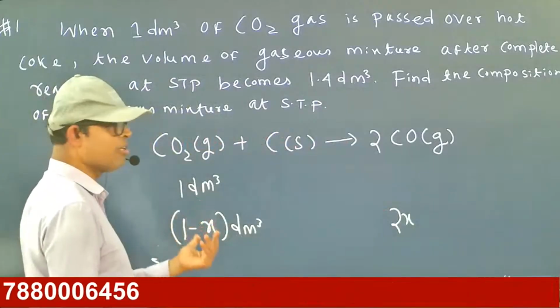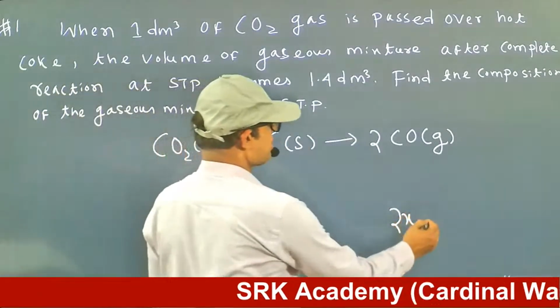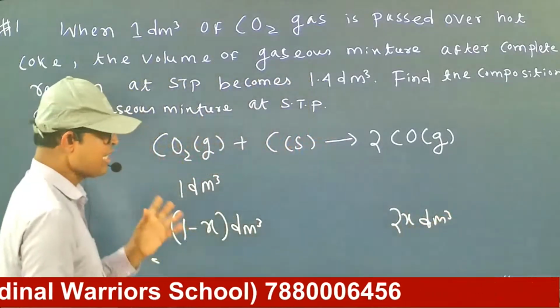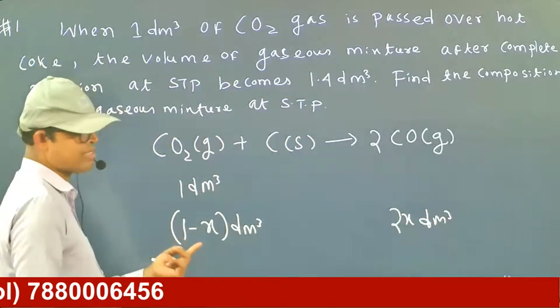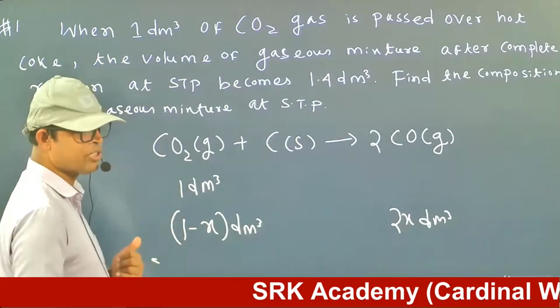So once x decimeter cube of carbon dioxide has reacted, we are left with 1 minus x volume of carbon dioxide. So what is the total volume of the reaction mixture?